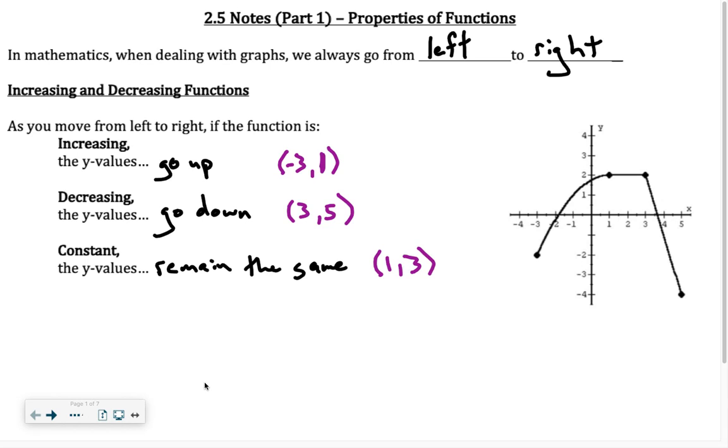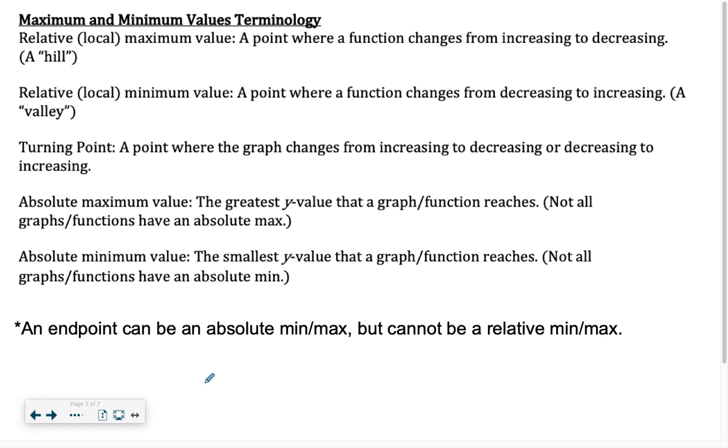So the next idea is maximum and minimum. Okay? So you may want to pause the video here to jot down these definitions. But I'm going to talk through them here, and then we'll look at an example. So a relative, or also known as a local max, is just a point where a function changes from increasing to decreasing. Okay, we could also call that like a hill.